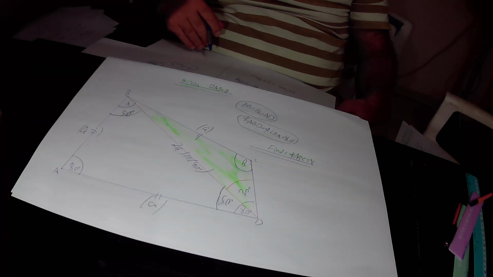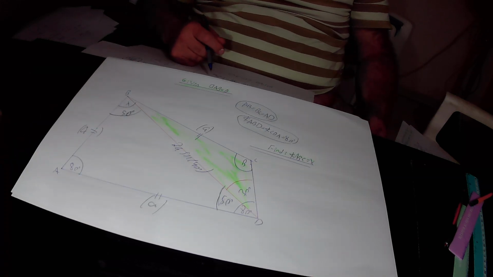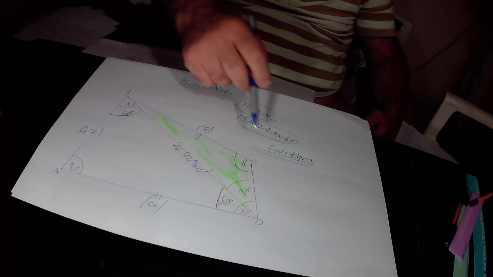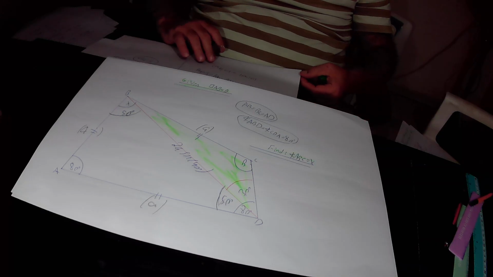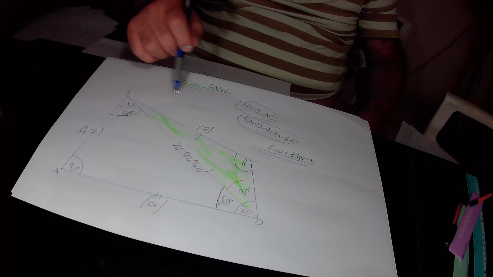We know that the sum of the angles in any triangle equals 180 degrees, and the sum of the angles in triangle BCD must be equal to 180 degrees. So which angles do we have in this triangle BCD?